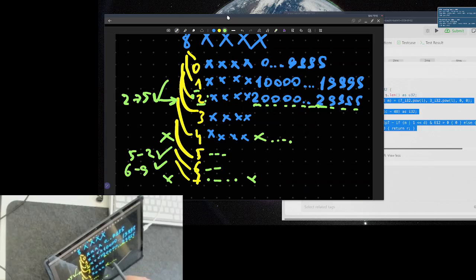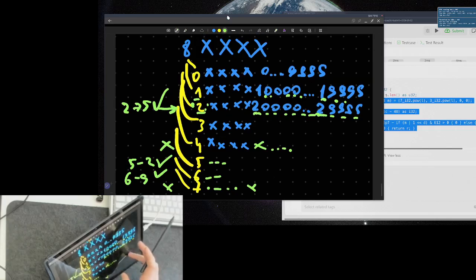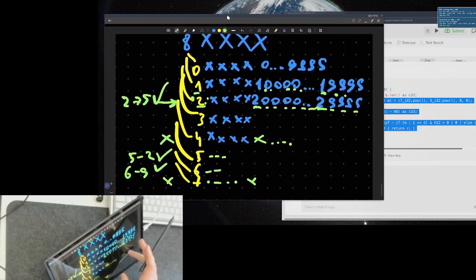So can we say how many numbers are in this range? This is very simple. It's 10,000, I would say. Yes, 10,000.